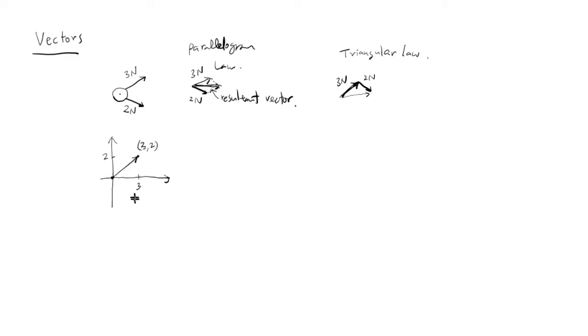This quantity definitely has a magnitude and also a direction, right? Let's just name this as V, and I usually put an arrow on top for vectors.